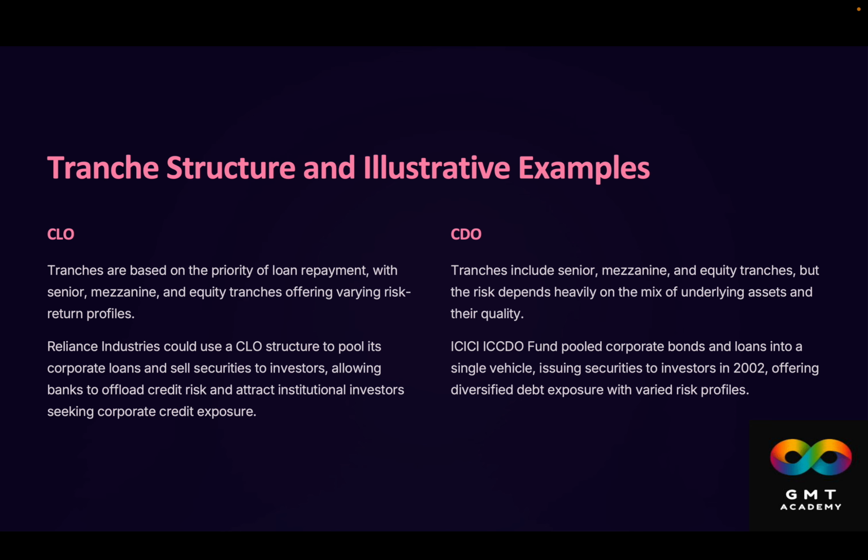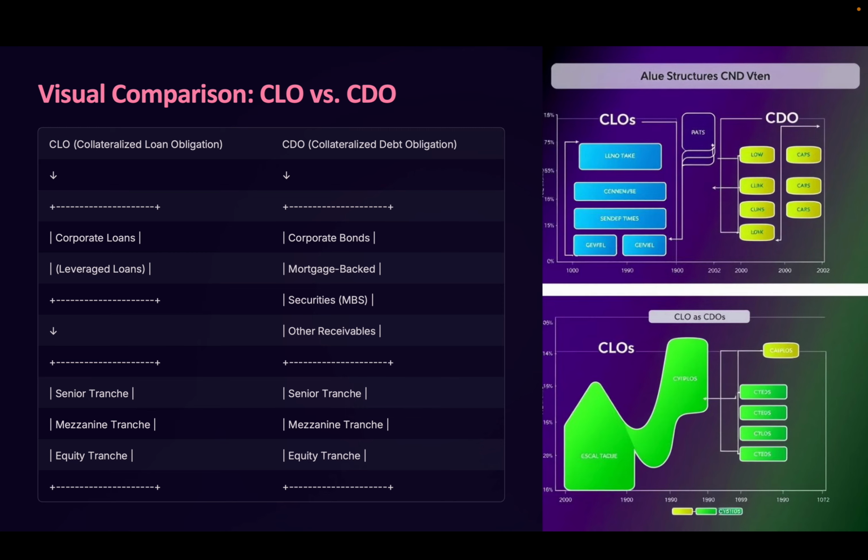In CDO the same thing is followed, but the risk depends heavily on the mix of underlying assets and their quality, because this product is very complex to calculate, evaluate, or even account for. So sometimes whatever interest they promised, they cannot deliver. Here we give the example of Reliance, and here ICICI. We have already discussed this part. Moving to the next slide.